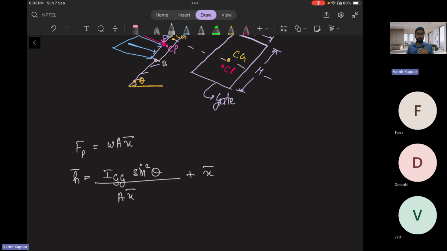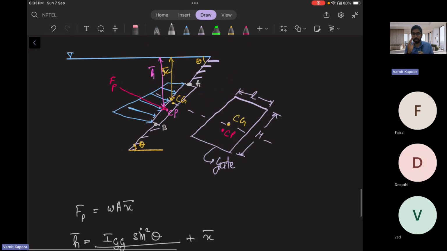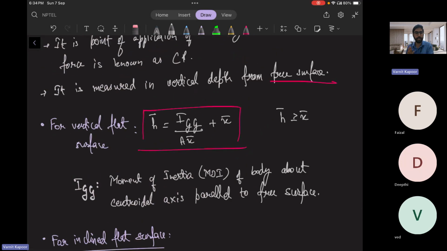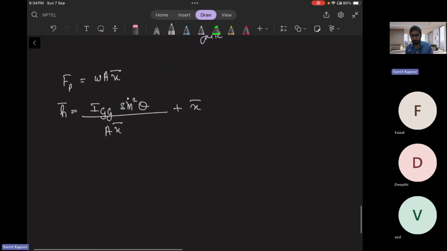If you observe, if theta is 90, the gate will be vertical and it will be the same as the above expression: IG sine square 90 is 1, by A x bar plus x bar. If theta is 0, sine square theta will be 0, so this term becomes 0 and h bar is equal to x bar. That is basically the gate having gone from inclined to horizontal.